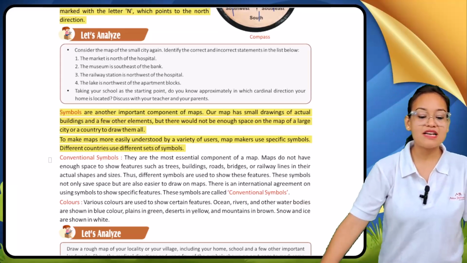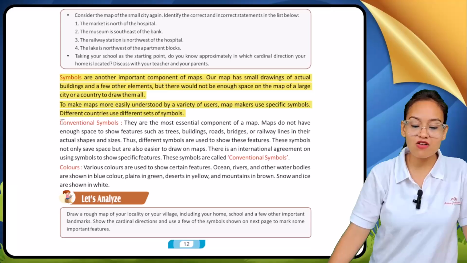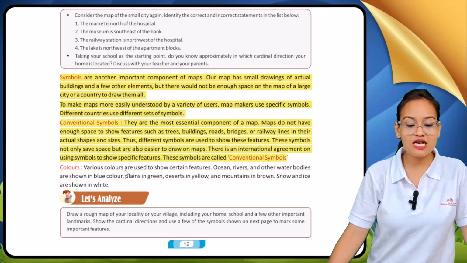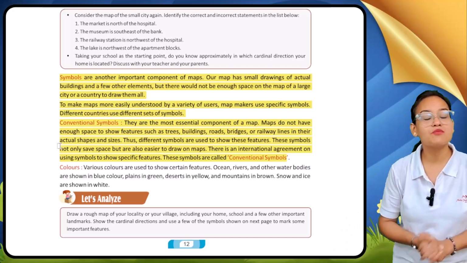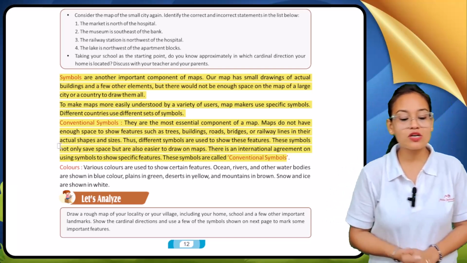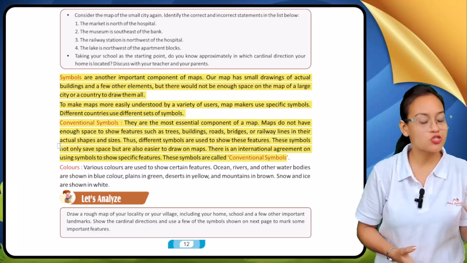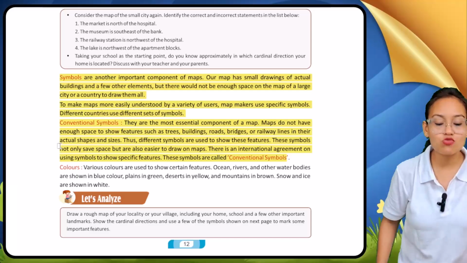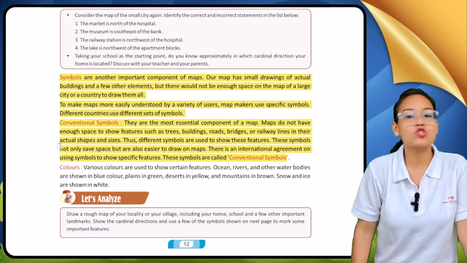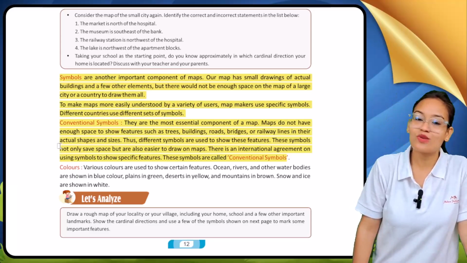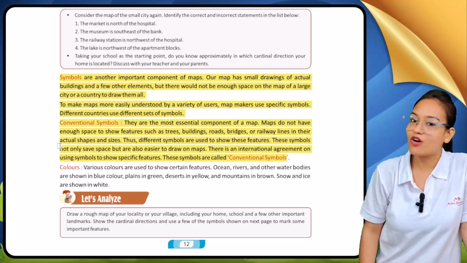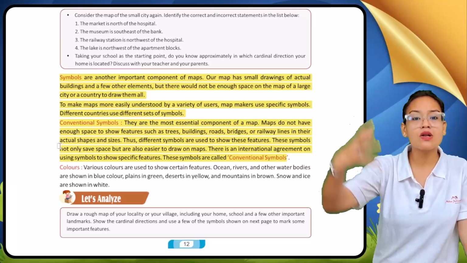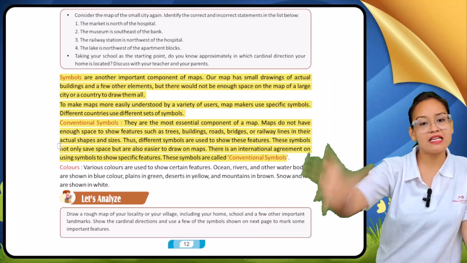Now conventional symbols. What is the meaning of conventional symbols? Conventional symbols are the most essential component of the map. Maps do not have enough space to show features such as trees, buildings, roads, bridges, and railway lines in their actual shape and size. It is not possible to show all the trees, buildings, roads, and railways of any area on a map.